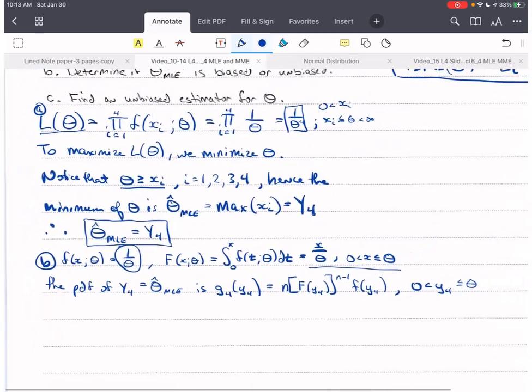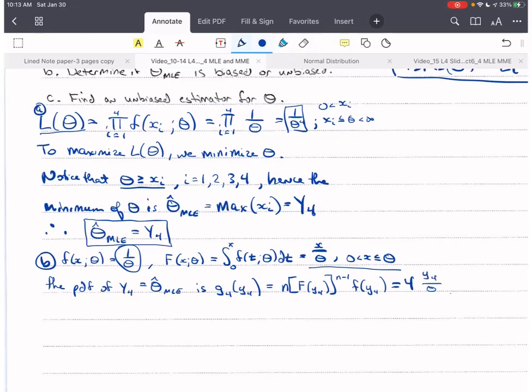I didn't work it out, so I need to work it out, which is equal to what? So we're going to substitute in. N is 4, F is x over theta, but it's not F of x, it's F of y, so we're going to have y4 over theta.